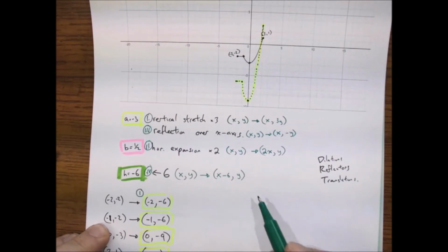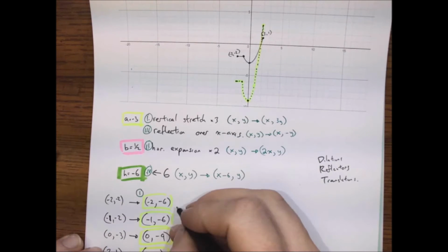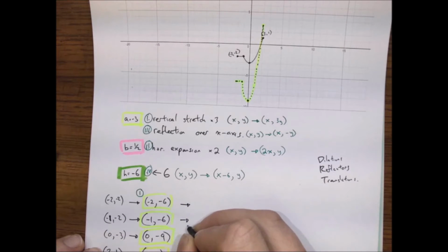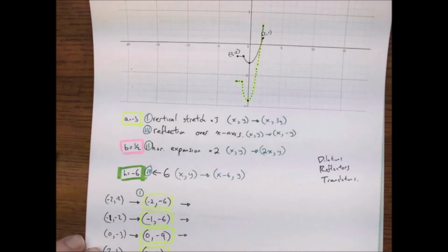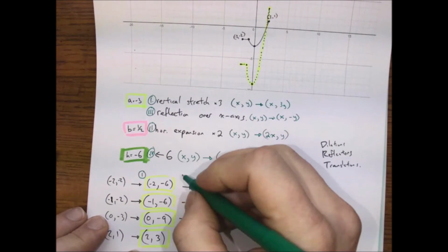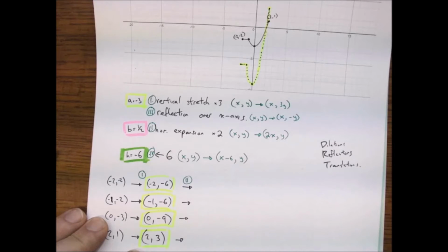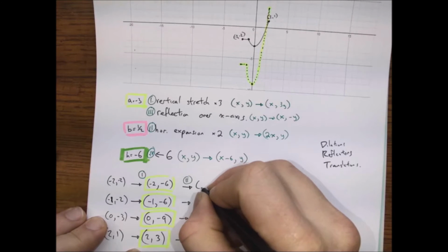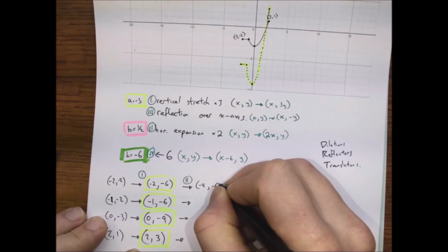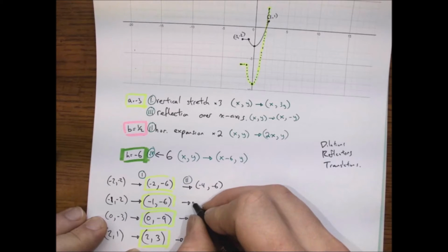Our next step is a horizontal expansion by a factor of 2. So each of these points, the x value is going to get multiplied by 2. So my x values are going to become negative 4, negative 6. Negative 2 times 2 is negative 4.